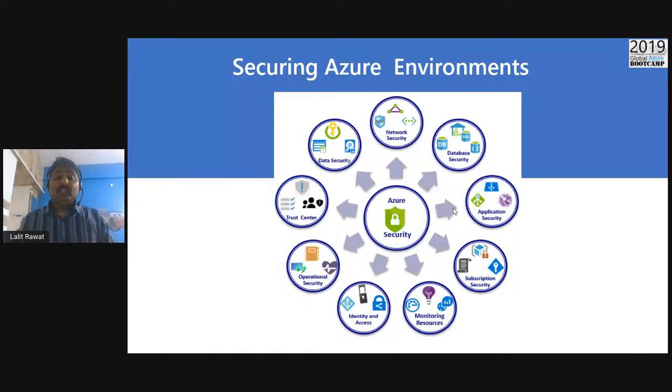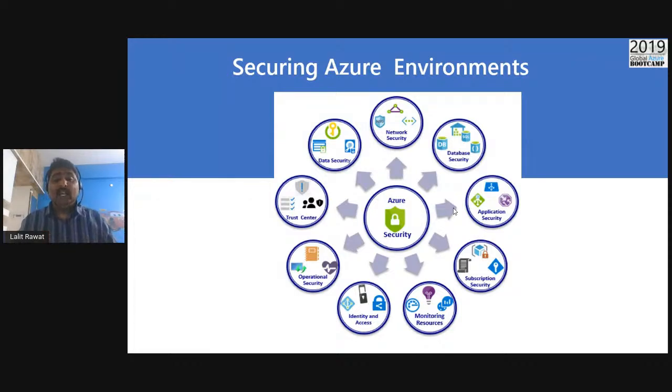But apart from that, you can customize those roles based on your requirement. If you want to give owner access to one service, but he cannot give access to others, you can customize those roles from the portal, and if I get some time, I'll show you how those things work.